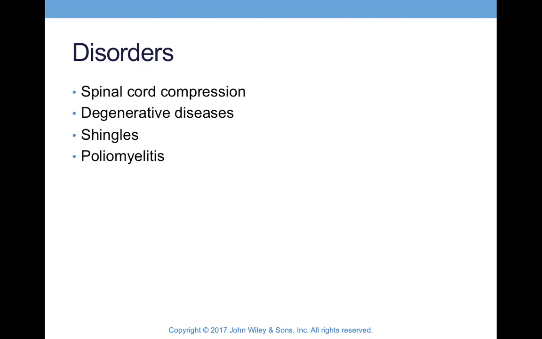Oftentimes paralysis will occur once the virus has destroyed the motor neuron cell bodies. So it's a good thing that we have been able to pretty much eradicate polio, because it was a viral infection that destroyed the motor neuron cell bodies, leading to paralysis.